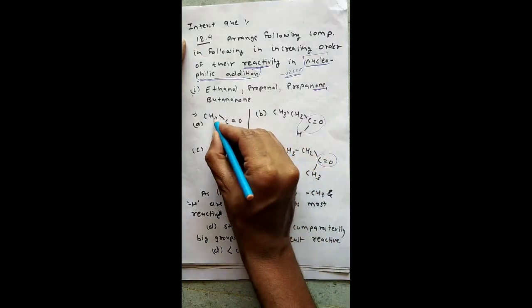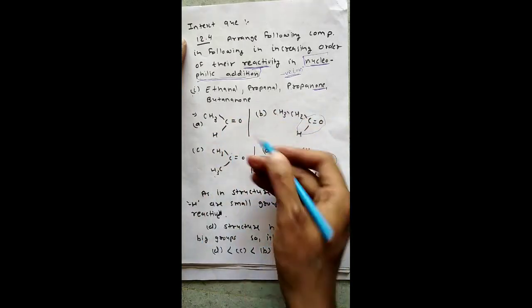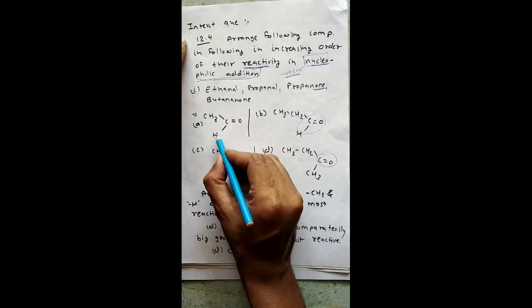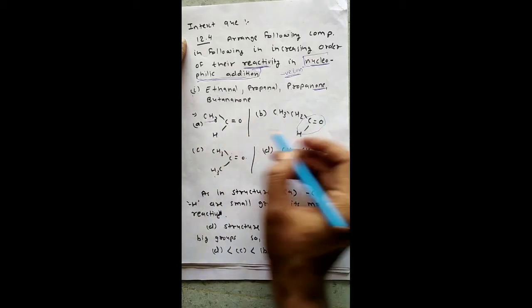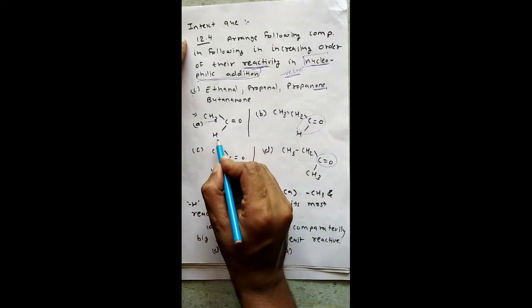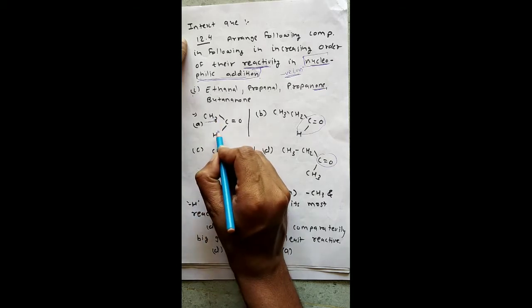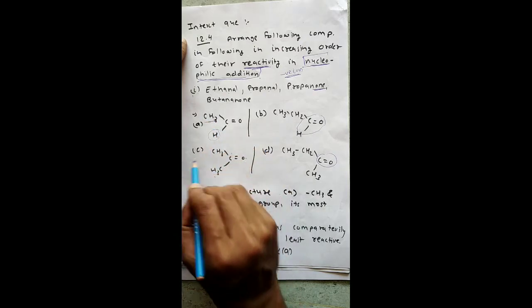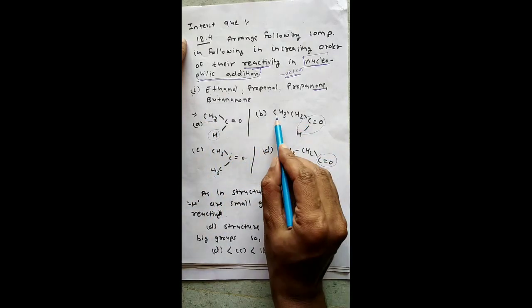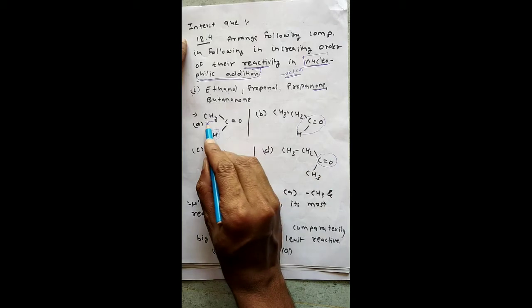Now in these 4 structures, you can see the first structure has hydrogen on one side and the smallest group on the other side. You can see CH3 and hydrogen. Hydrogen is a very small atom. Among these you can see CH3, CH2 is there. This one is small.